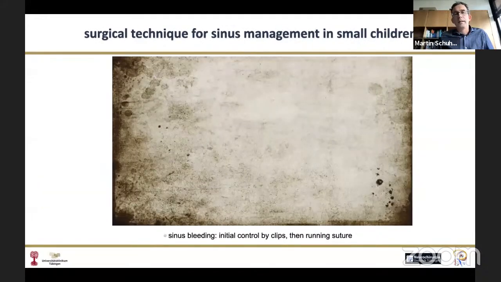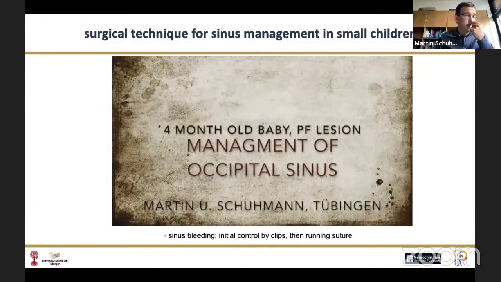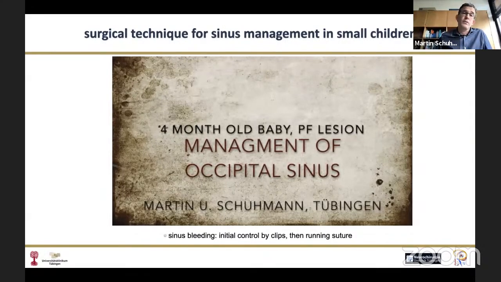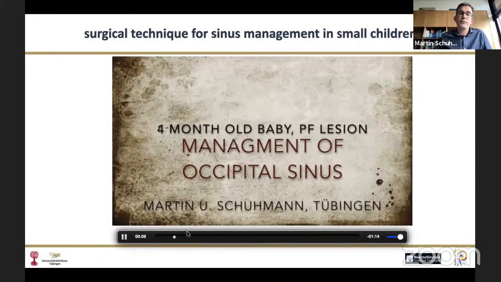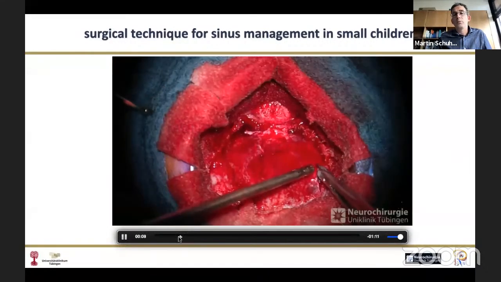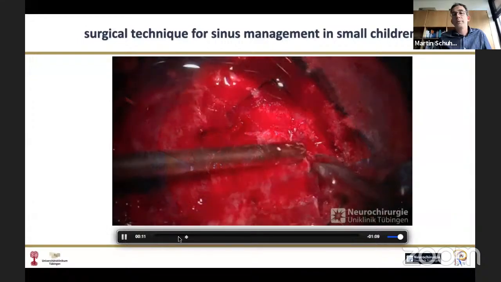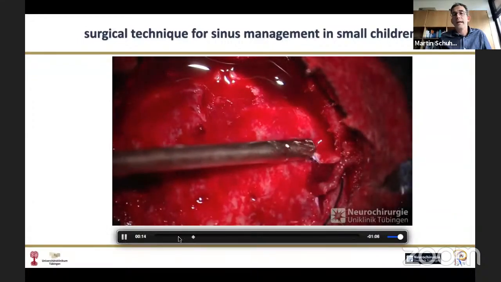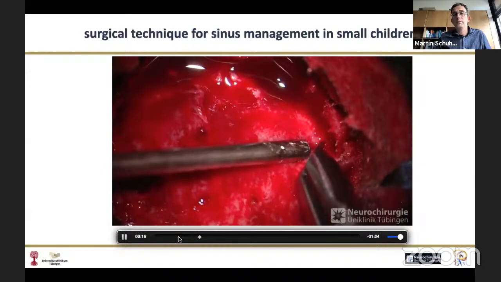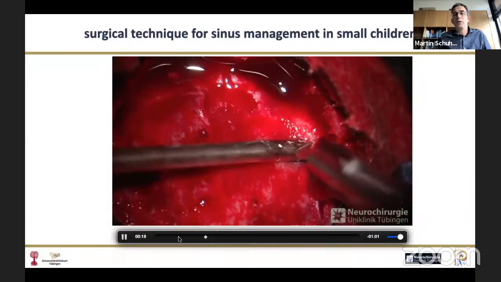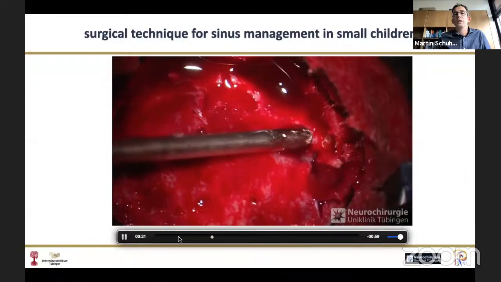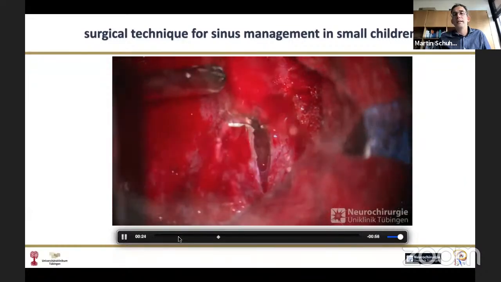And another problem we have in children is the sinus management in very small children, and how to control the bleeding, because a child you can lose as much blood by opening the posterior fossa that you get in real trouble. So here we have a 4-month-old baby with a posterior fossa lesion, and we again do the U-shape opening, and you see suddenly already that far up the bleeding starts, not far below because most of this posterior fossa dura basically was a venous sinus.